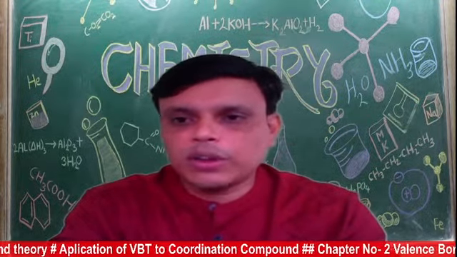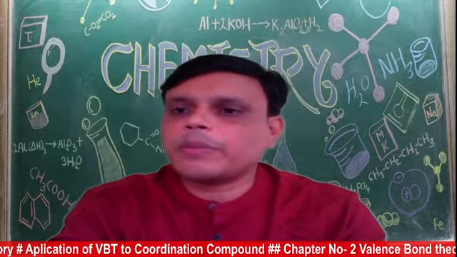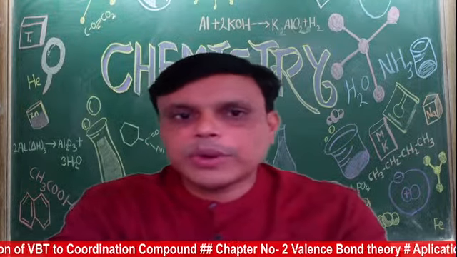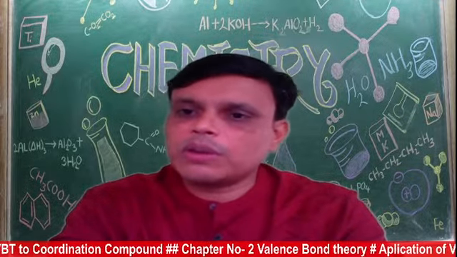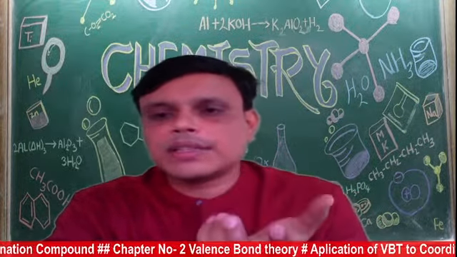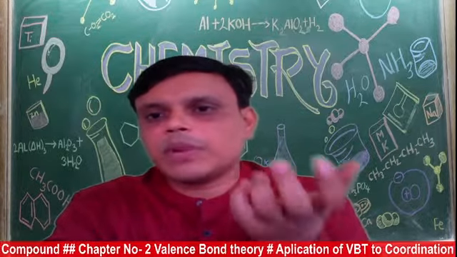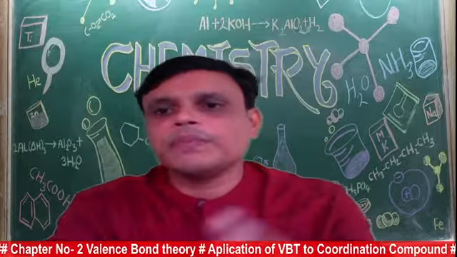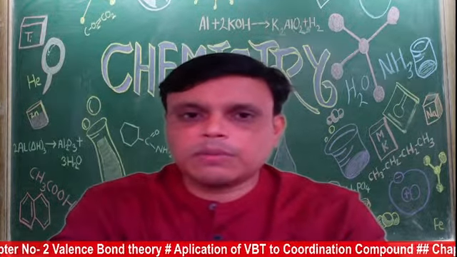If the number of ligands is 4, that means each ligand has contributed 2 electrons, because to form one bond 2 electrons are required. That means whatever the number of ligands, multiplied by 2, that many electrons we have to fill in the d orbital of the metal.